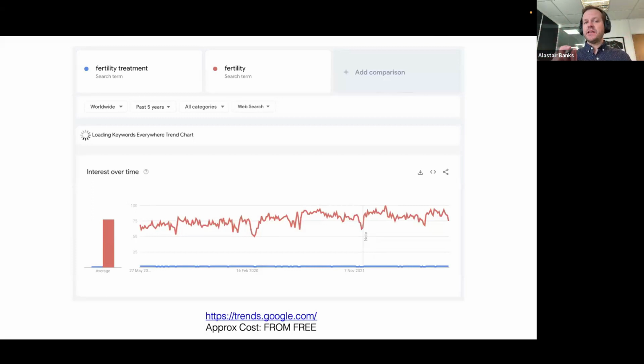However, there is a really cool bolt-on which is called Glimpse. And what you're looking at here is Glimpse. Now, it's bizarre because it looks the same as Trends, but it's not. It allows me to put multiple terms in and then track the trend lines of multiple terms.